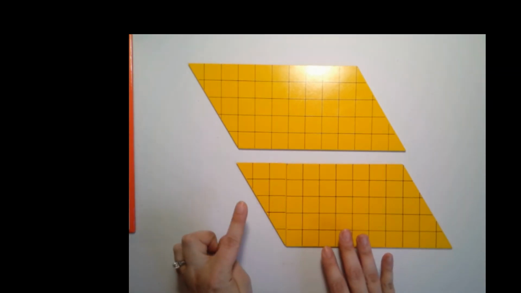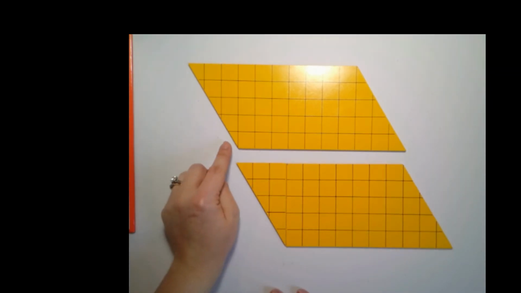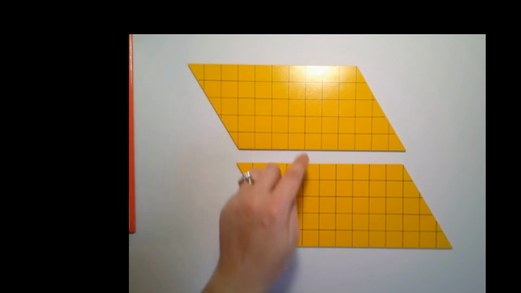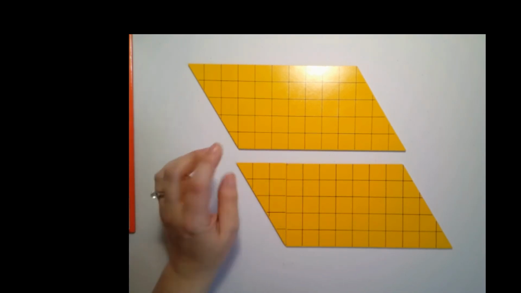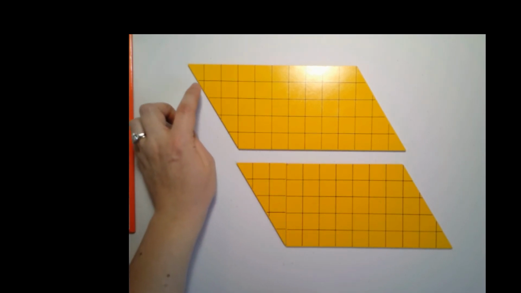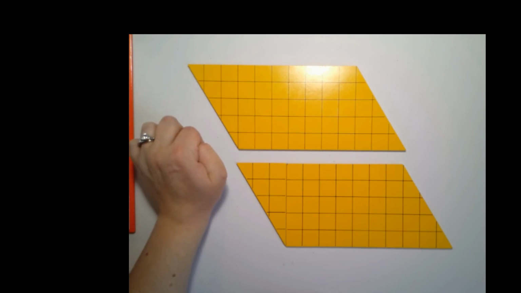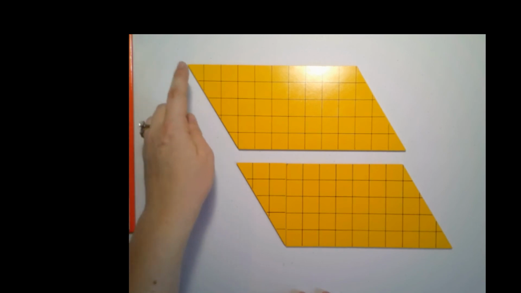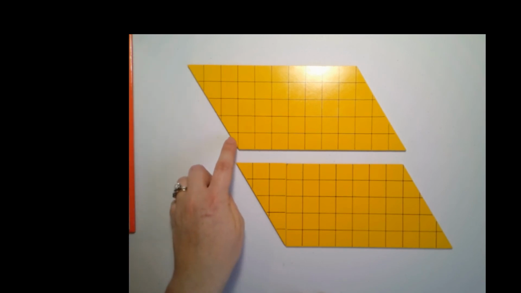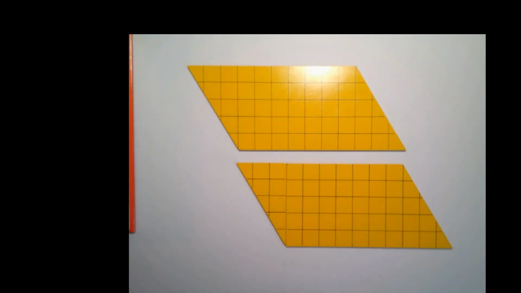Now, if I wanted to just count my individual squares on here to find the area, I wouldn't be able to do that because I only have pieces. You see that? So, I also am not able to find my base because I have a piece here and a piece here.